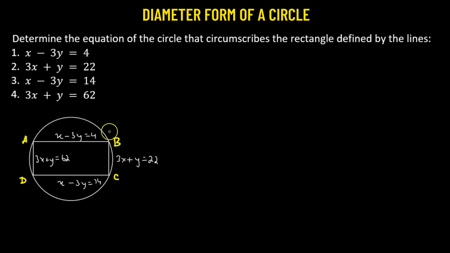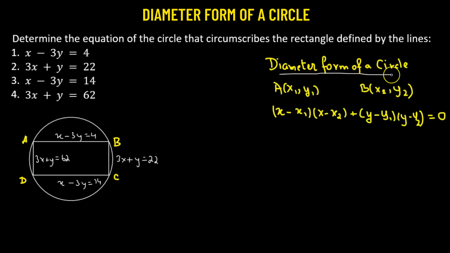Here we can use the diameter form of a circle. Let's first specify it. Say we have a diameter whose endpoints are A (x1, y1) and B (x2, y2). Then the diameter form of a circle is given by the equation (x minus x1)(x minus x2) plus (y minus y1)(y minus y2) equals 0.